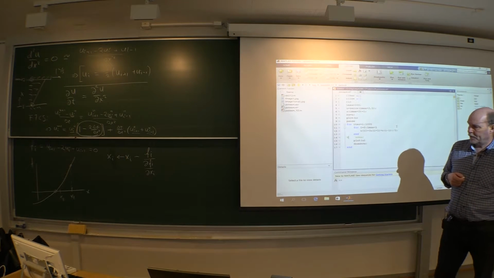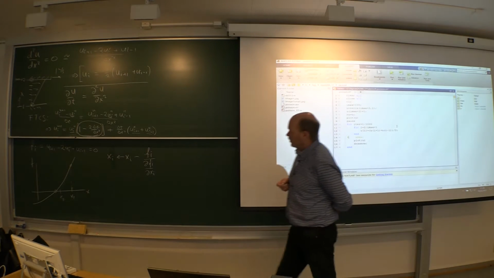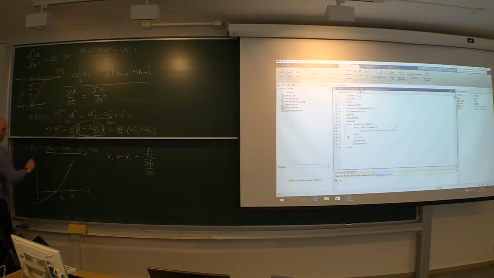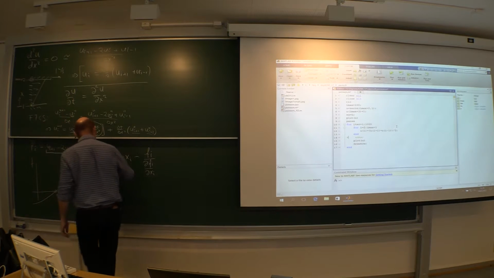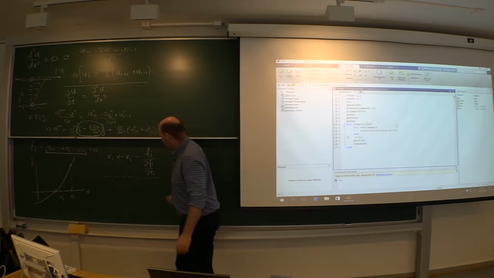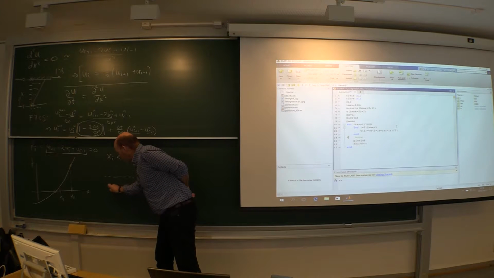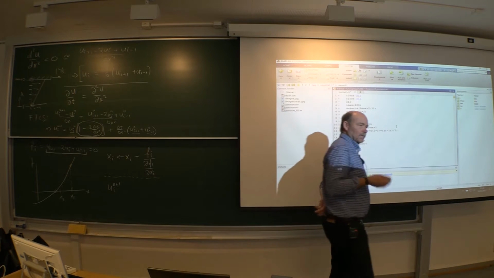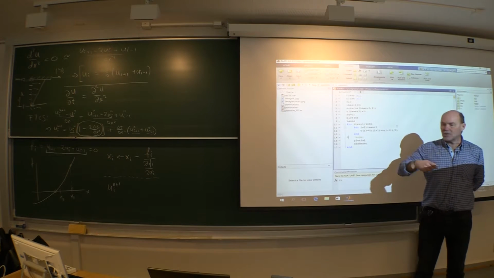What will our f function here be? Well, it is this one. What's the derivative? Well, I'm focusing on the center point u_i, so the derivative is -2. That's all. Okay, so according to this recipe, we have the following formula. I can use n plus 1, but not meaning time. N superscript now means iteration number.